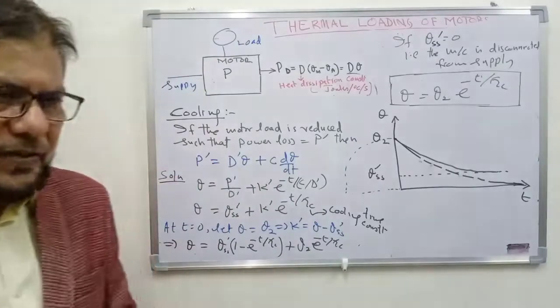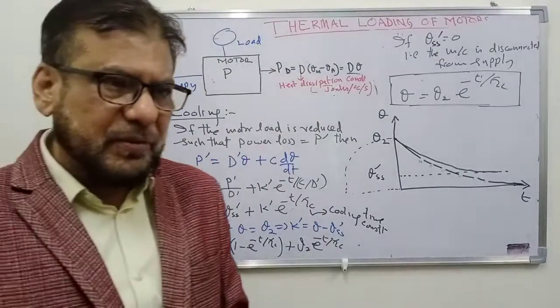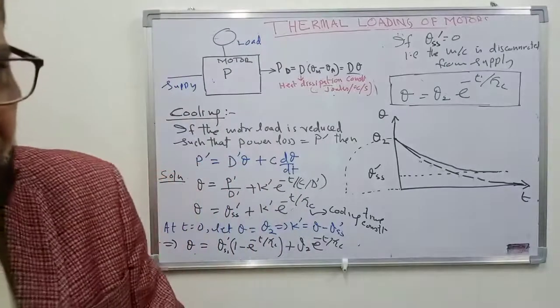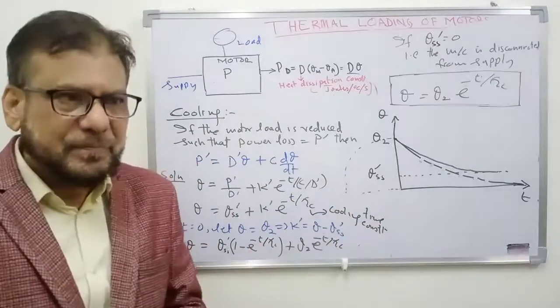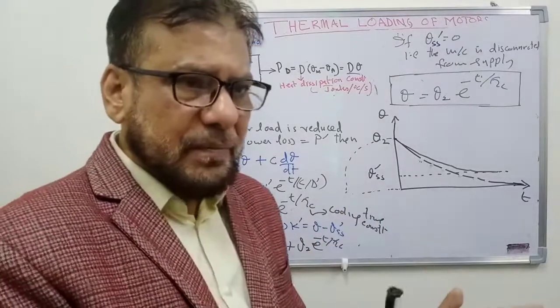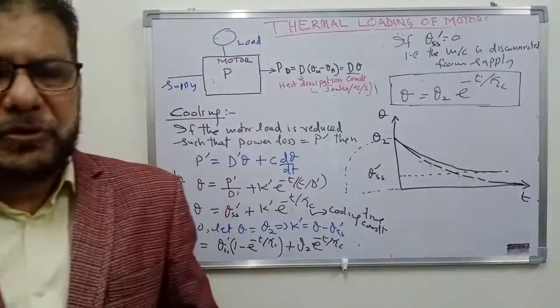So this means that if the motor is loaded continuously for 60 minutes, then it will reach its steady state temperature rise, and for that the motor is designed. But if the load is coming only for short interval of time, then you can overload the motor.